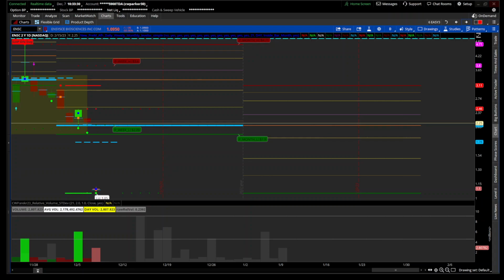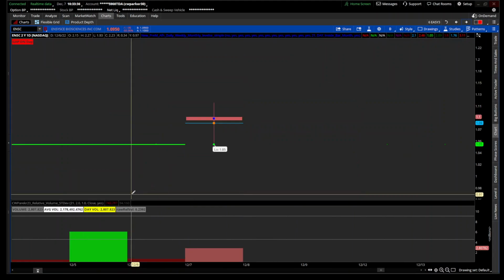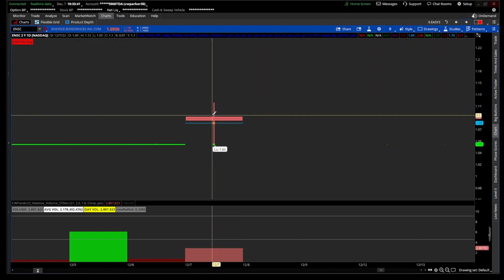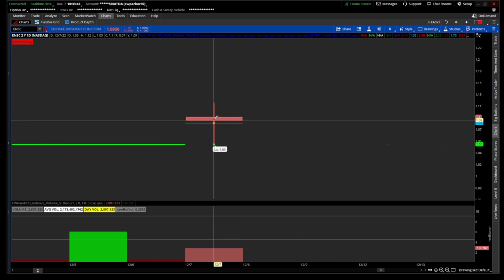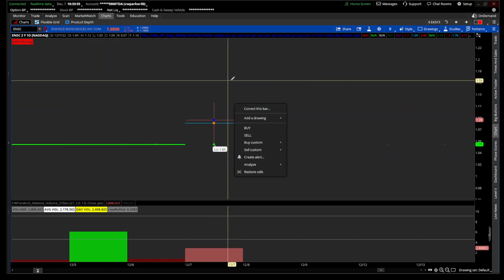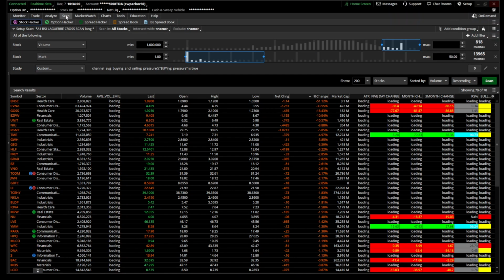Come all the way over, come back over here, and you can see basically where the close is on this candle. The range between the low and the close is greater than the range between the high and the close. So that's why you got a buying pressure dot on here. So we're not going to worry about that stock.